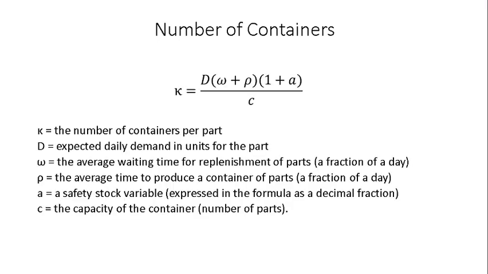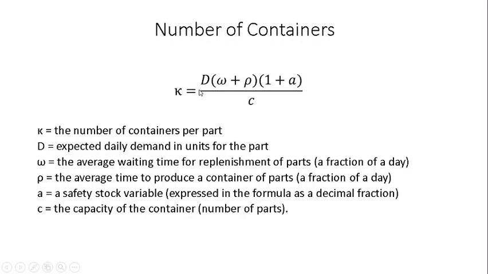If we combine some empirical facts, we can derive this formula for the number of containers per part. As you can see here, we have a fraction. It's not necessary to focus on how we get this fraction, but let's focus on trying to identify those variables.